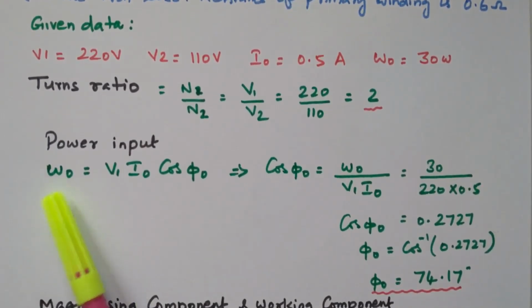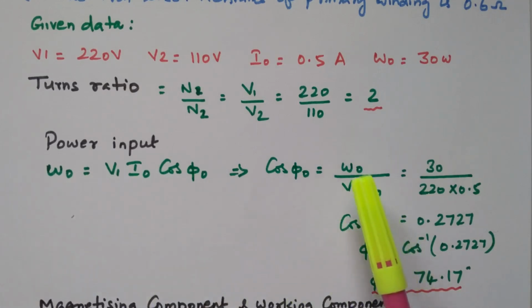W naught is V1 I naught cos phi naught. So cos phi naught can be written as W naught divided by V1 I naught. By rearranging this equation we can write. W naught is given as 30, V1 is 220 volts, I naught is 0.5 ampere.